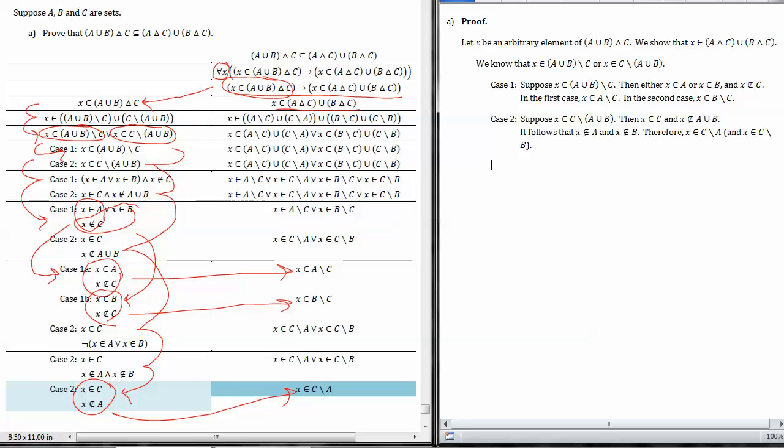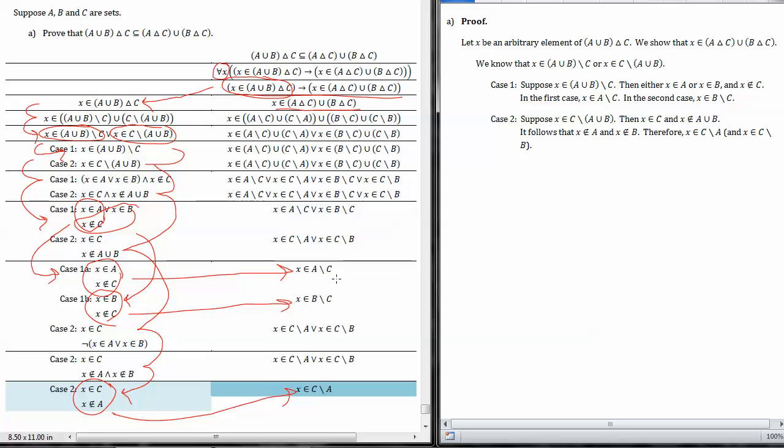Okay, and all right, so we should make sure that our reader understands that these results, X is in A minus C or B minus C or C minus A, do connect up somehow to what we said we were going to show up here.